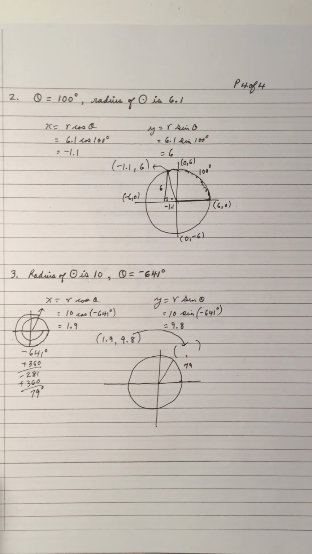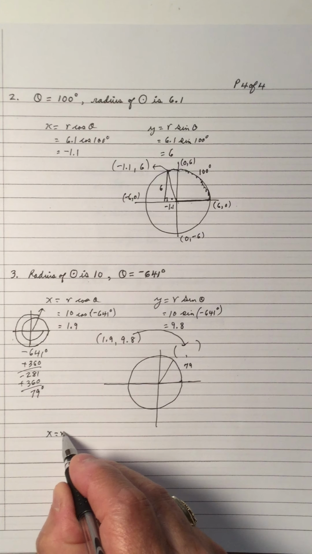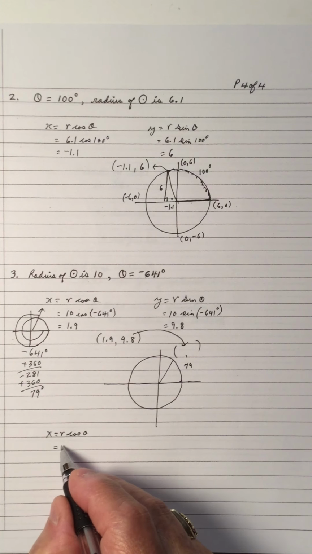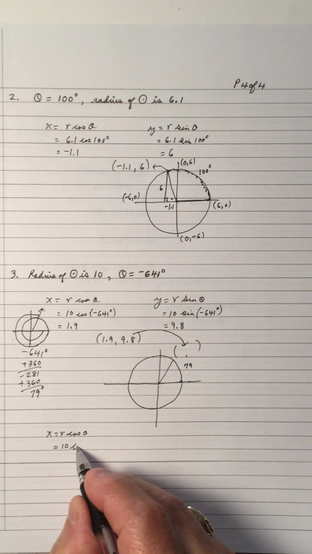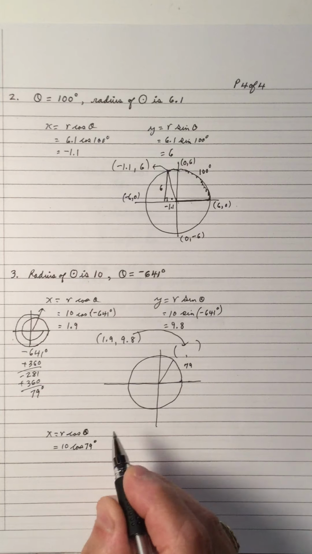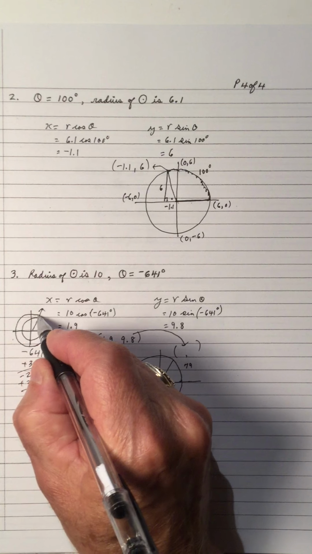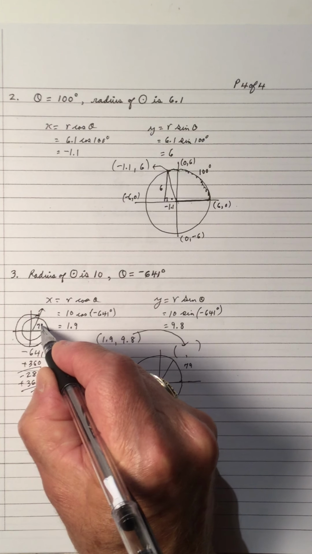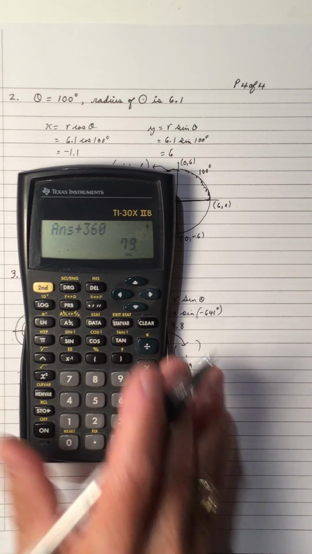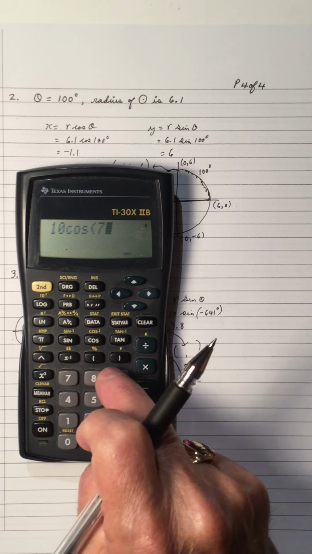So what I'm going to do is check. Let's take 10 r cos. I'll just check one of them. The radius is 10, and we're going to do the cos of theta, and let's do 79. Instead of doing 641, which is the rotation around backwards to get to here, and that's a reference angle of 79, let's do 10 cos 79.